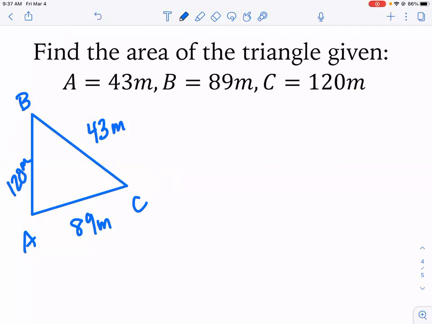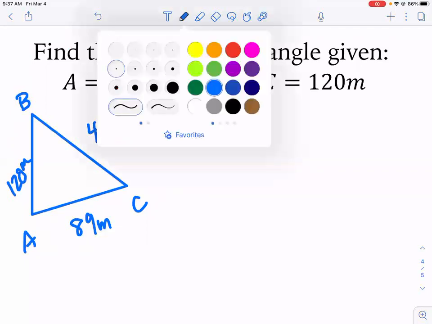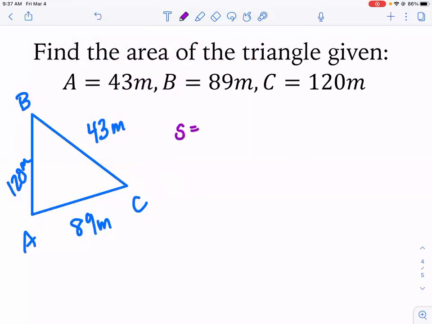So step number 1, we need to find that weird S value. So S is 1/2 times the sum of our 3 sides.